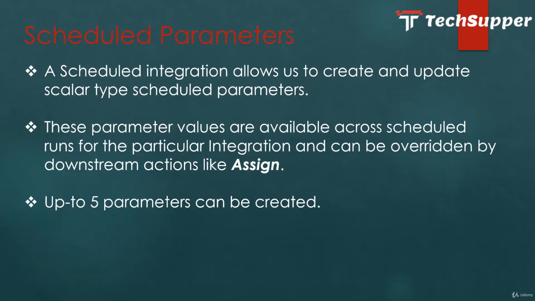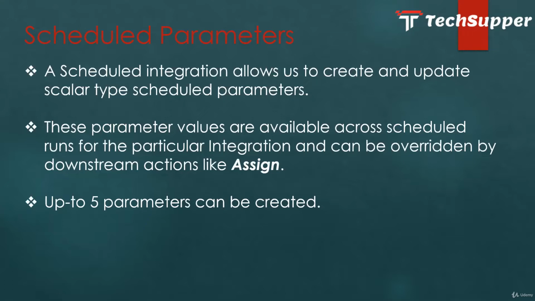So let me take an example where you need to create the scheduled parameters. If you have created a scheduled integration in which you want to get the data from an upstream application like a database and push this data to the downstream application. Every time this integration runs, you only want to get the delta data, meaning the updated data from the last run date to the current date.